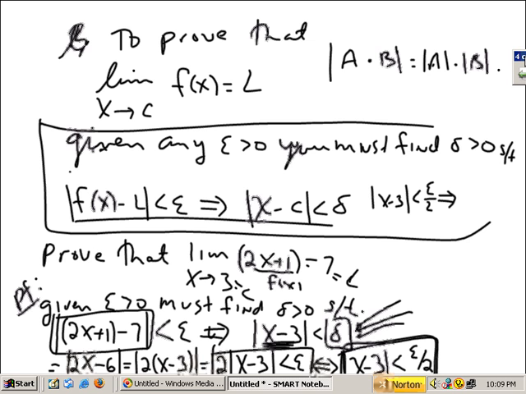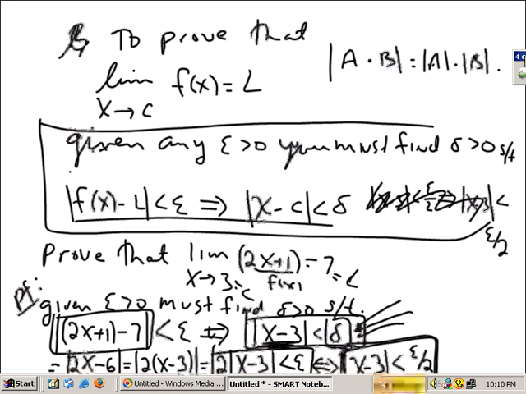Does that imply, copying the right-hand side with delta replaced by epsilon over 2, that x minus 3 is less than epsilon over 2? The answer is, of course. They're exactly the same statement.